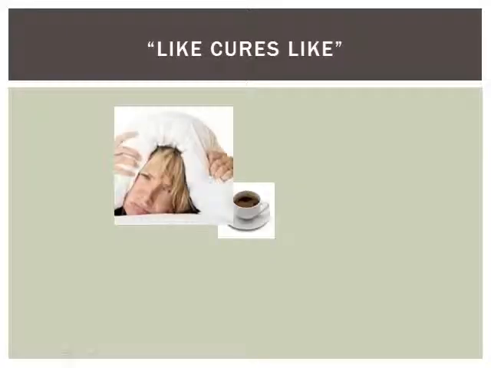We also talked in the last session about the principle of like cures like. This was Hahnemann's hypothesis that he found worked, and basically substances that cause some symptoms in a healthy person can cure those same symptoms in a sick person.